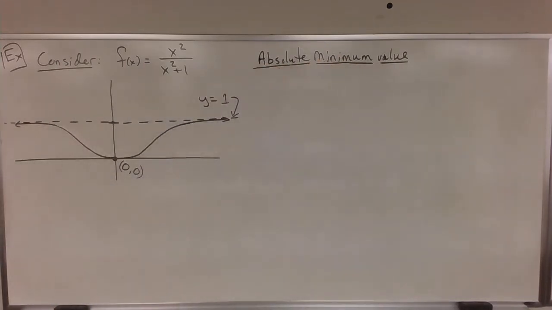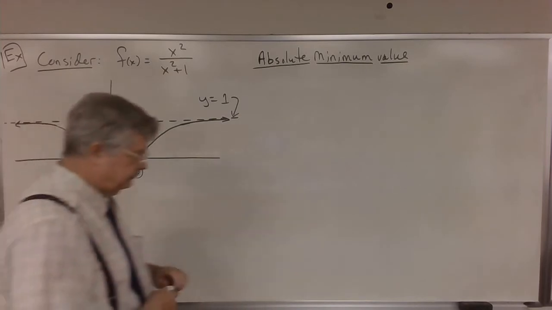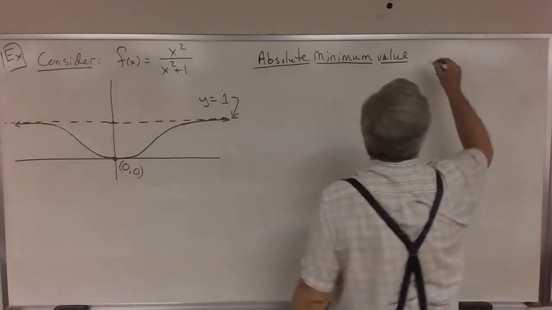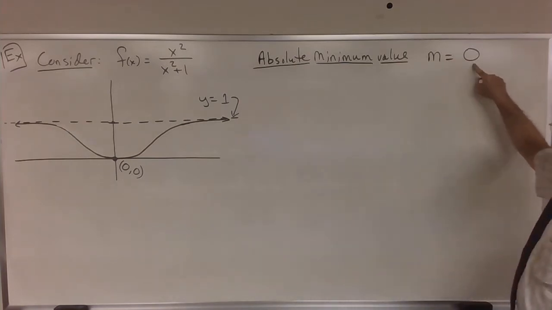What do you think about that? Is there a smallest value that f of x attains? If you're thinking that y equals 0 is the smallest value, then you're right. The absolute minimum value is 0.